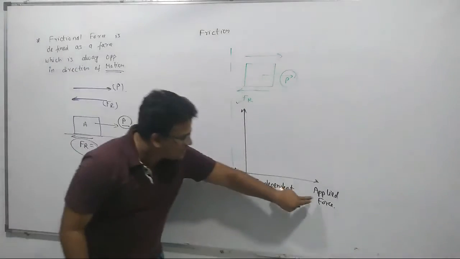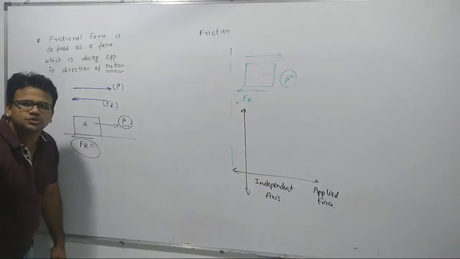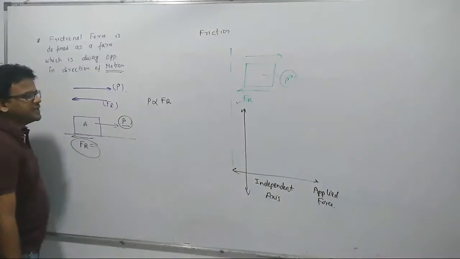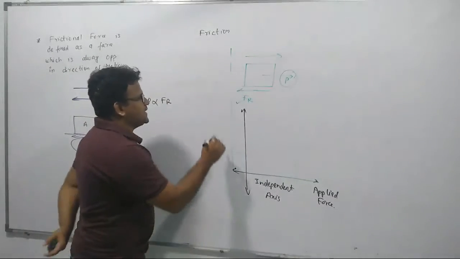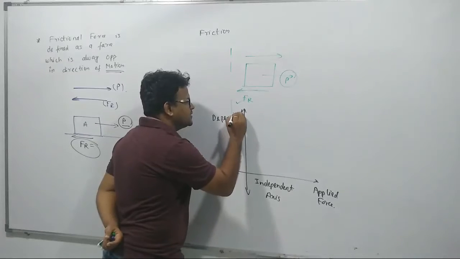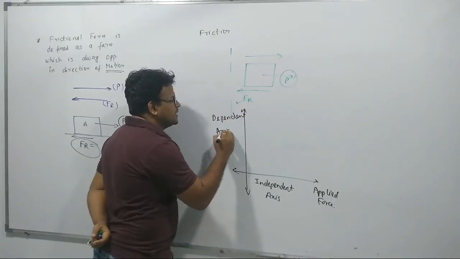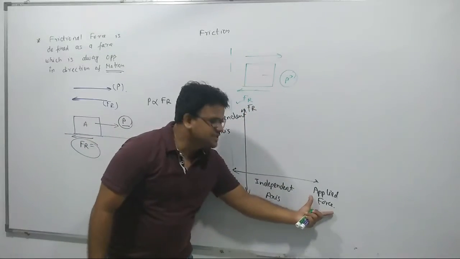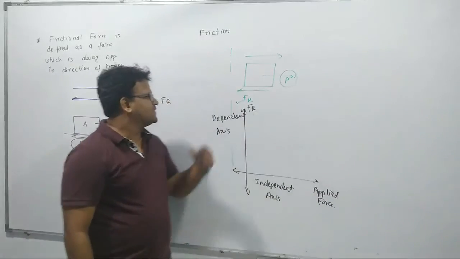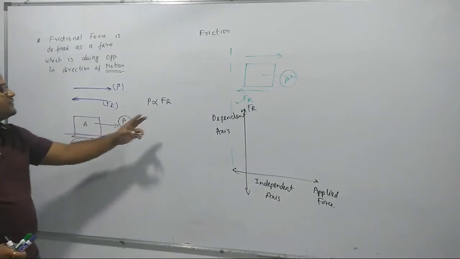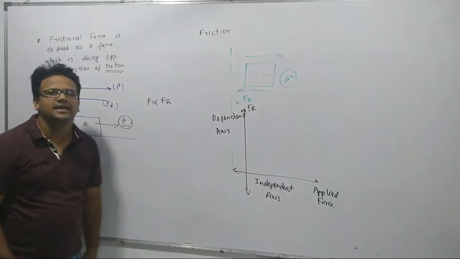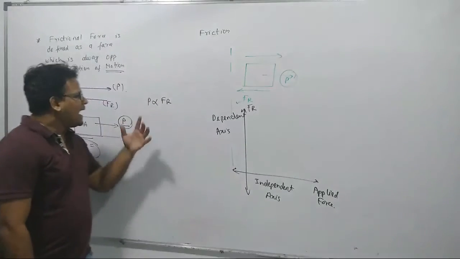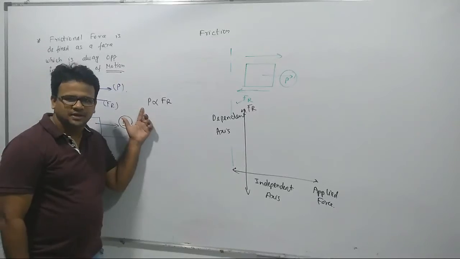So we can write that P is directly proportional to R. On our dependent axis the force should be the frictional force, because this frictional force is dependent upon the applied force. This applied force is the force which we can control.